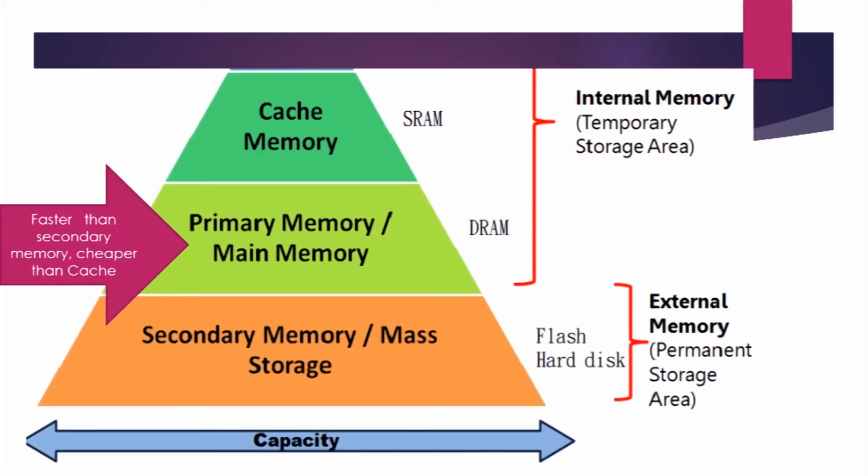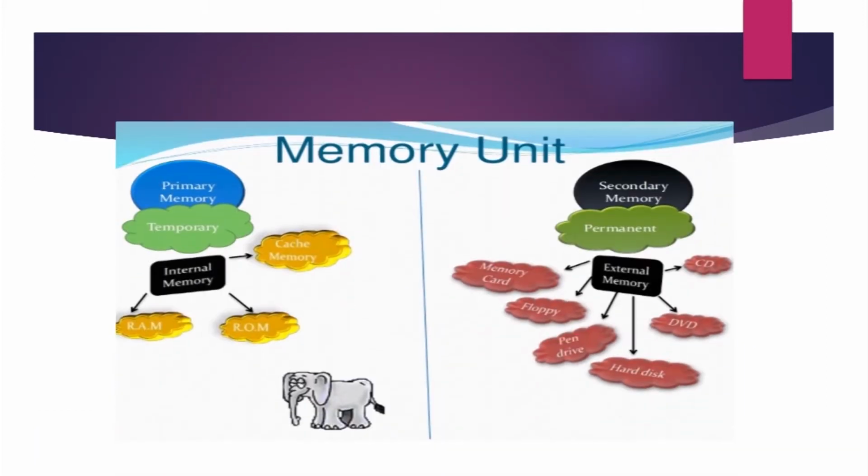Memory is characterized as primary memory, which consists of RAM and ROM, cache memory, and secondary memory, which consists of hard disk, CDs, DVDs, pen drives, etc. Primary memories are semiconductor memories, faster than secondary memories and cheaper than cache memory. Now, let's look at these memories in detail.